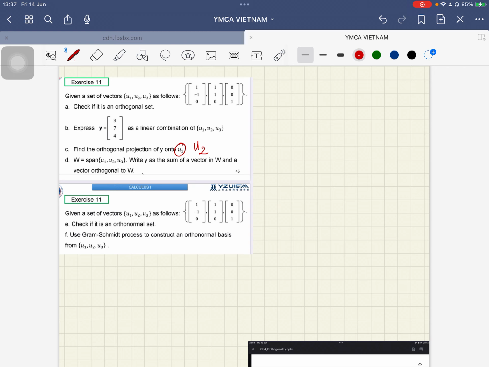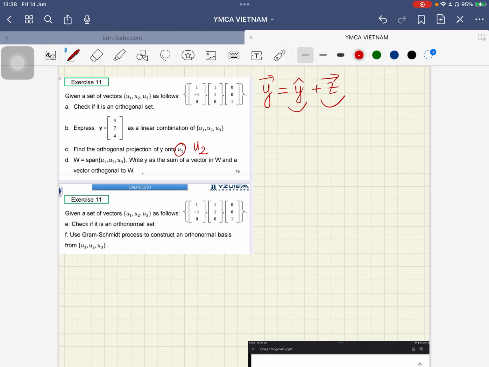Then we have to write y as the sum of a vector in W and a vector orthogonal to W. A vector in W, that is y hat, and the vector orthogonal to W, that is z. So we have y is equal to y hat plus z. So how much is y hat and how much is z?